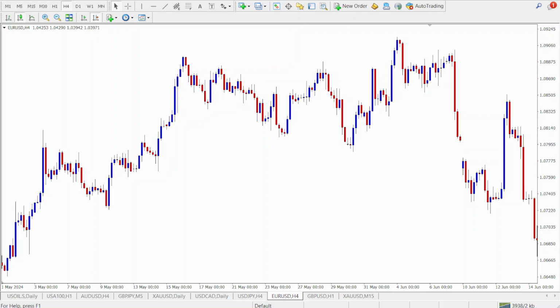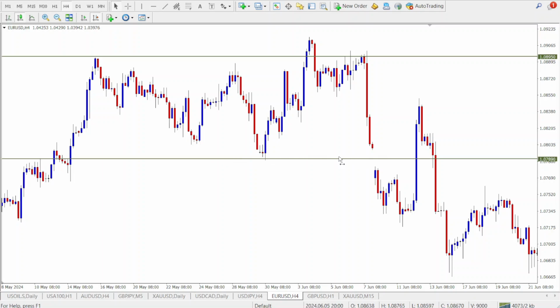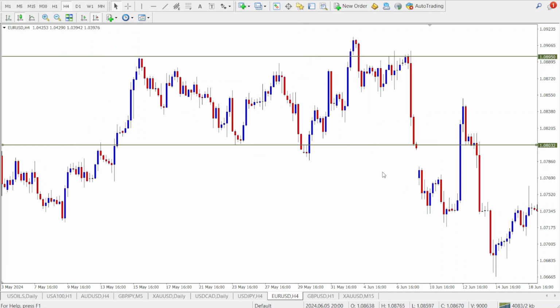Now, the foundation of any price action trading strategy is support and resistance. Support and resistance are very important zones in technical analysis on your chart.